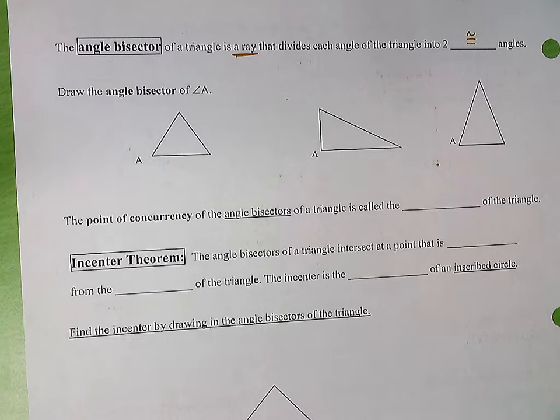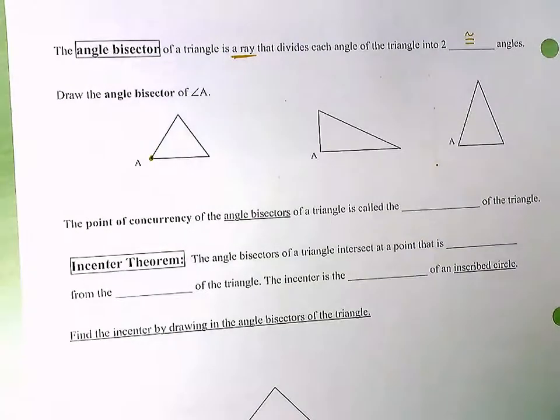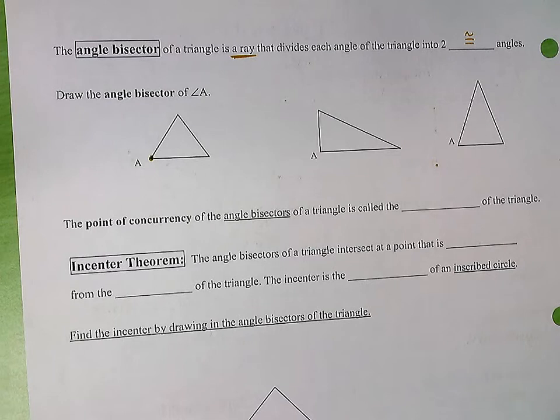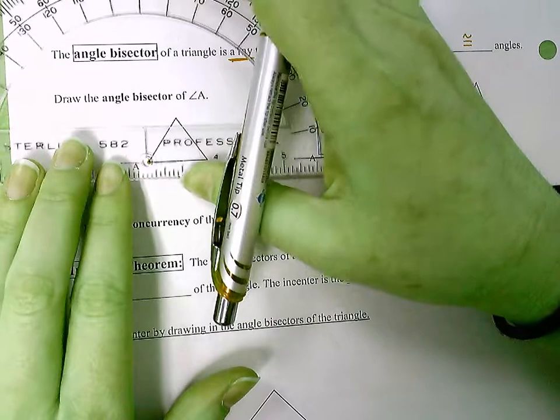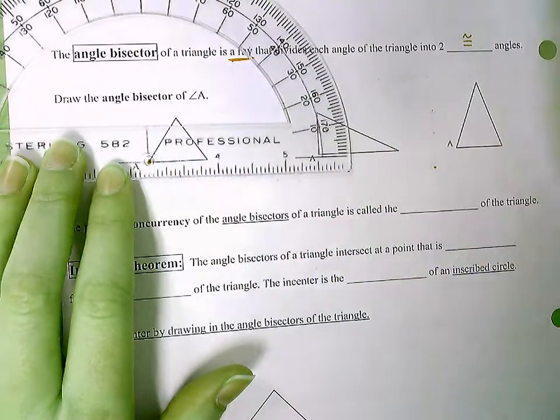That's what we're doing. So we're going to draw in the angle bisectors of each of these triangles from vertex A, and we're going to use our protractor again. So for this one, you're going to take that open circle and place it on your vertex A. Okay, I forgot I was going to give you rulers for this part.